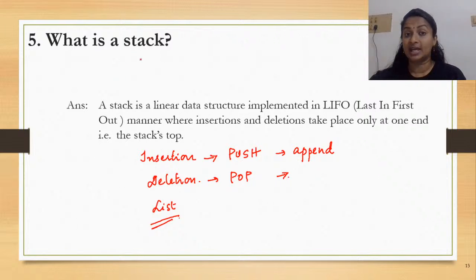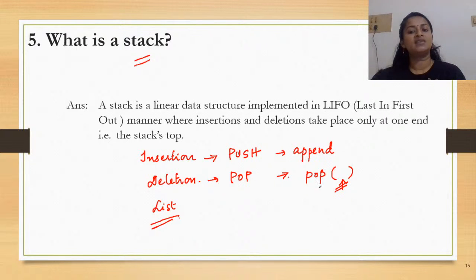But when you're considering deletion, you just give pop. I'm talking about the case of a stack and not any other data structure. Now what does pop do? Pop has two versions. In one you specify the index value, or you may not specify it.